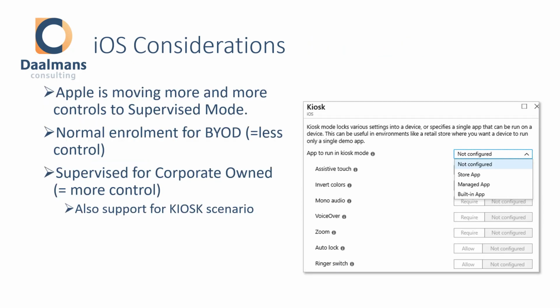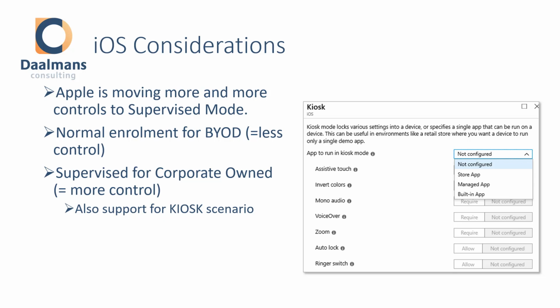So we need to take into account a couple of things. Apple is moving more and more controls to supervised mode. We have seen this in the switch from iOS 11 to iOS 12, where a lot of settings that could be configured in the bring your own scenario without supervision were moved to supervised only.